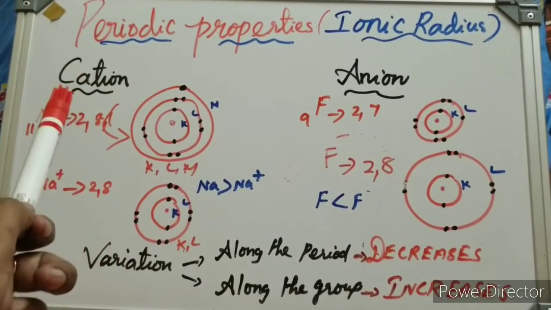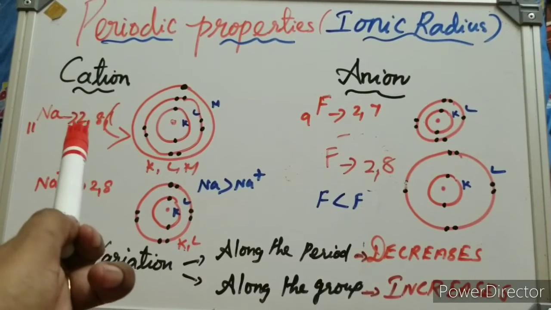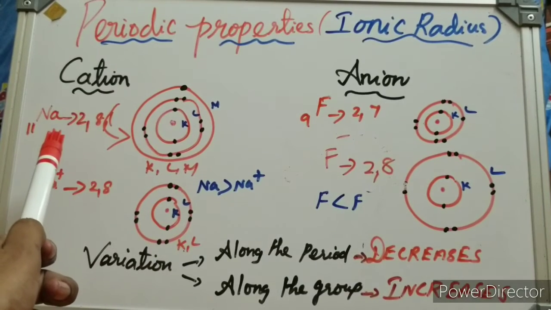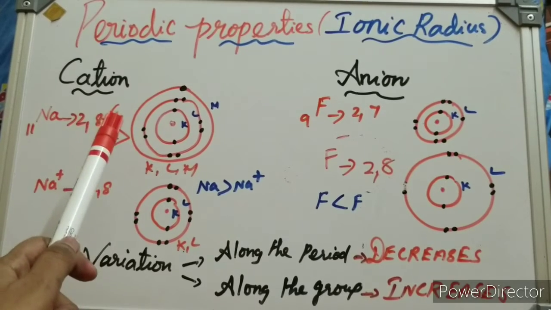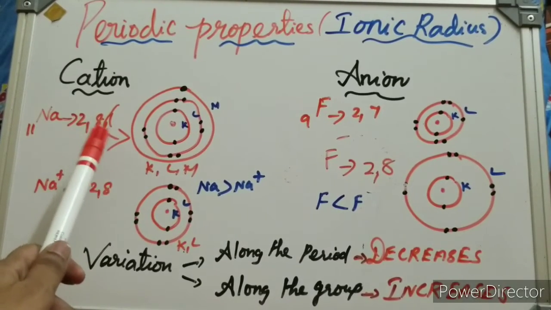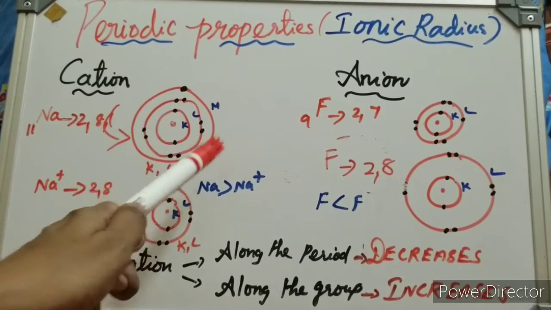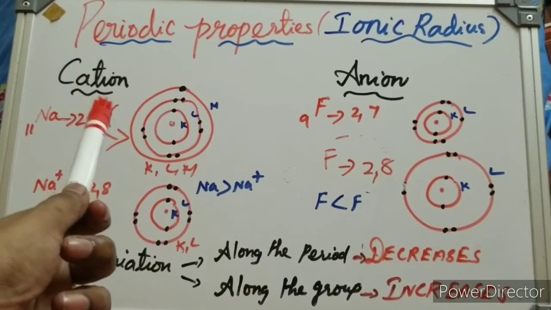First see sodium. I want to explain with one example. The atomic number of sodium is 11. Atomic number means the number of electrons, and the number of protons is also 11. The electronic configuration is 2, 8, 1: 2 in the K shell, 8 in the L shell, 1 electron in the M shell. Sodium has an excess of 1 electron in the valence shell.